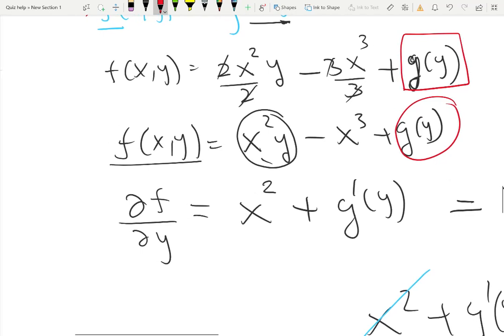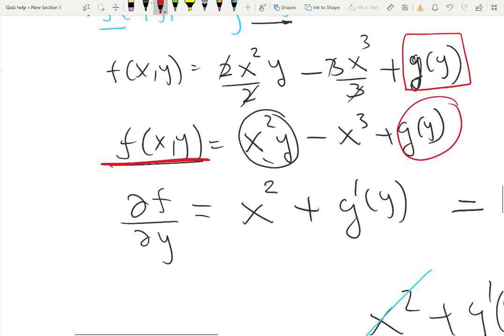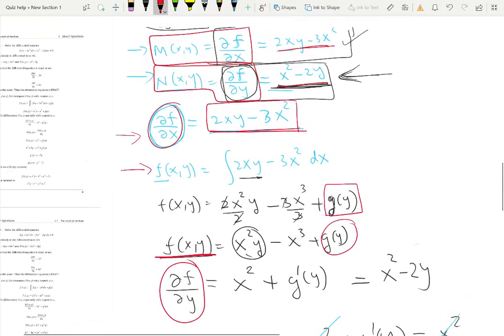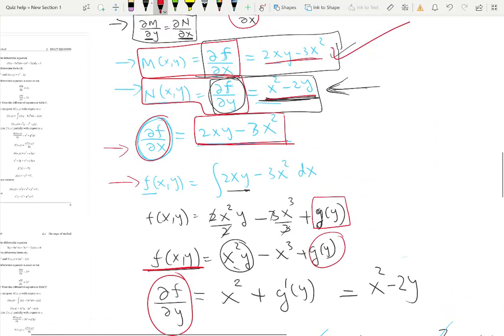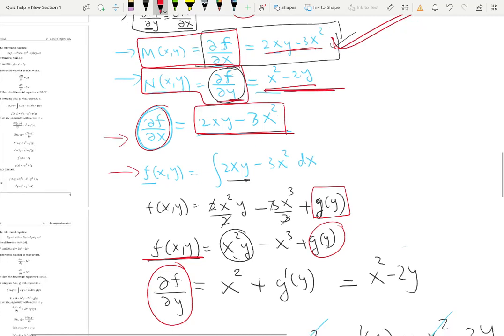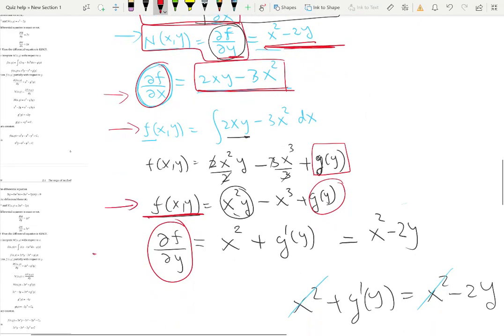To do that, we take the partial derivative of f with respect to y. We use the other fact, because we used one fact to integrate. The other fact says the partial derivative of f with respect to y is this function. So we already know f from here, so let's differentiate the f that we know with respect to y. If you differentiate this part, you get x squared.